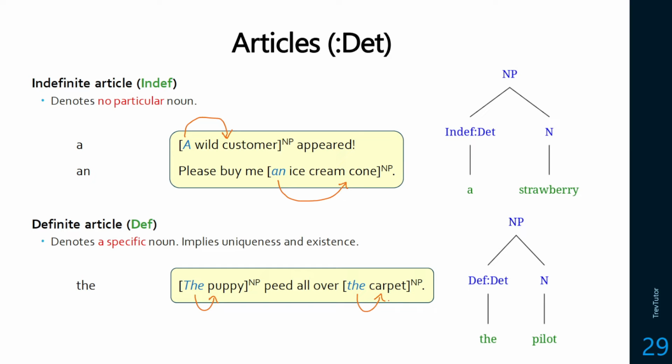And what we see in this case is when you read this sentence, you understand that a puppy exists and it's a specific puppy. You understand the carpet exists and it's a specific carpet. So indefinites and definites function as determiners. When they're used as determiners, we give them this :det label to say that they are, in fact, determiners.